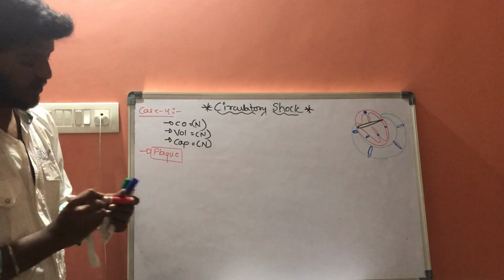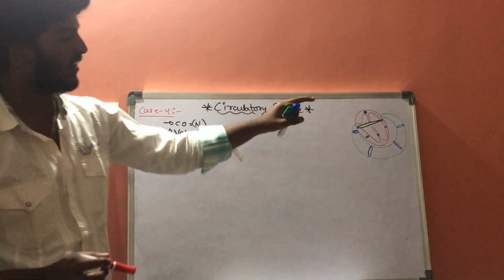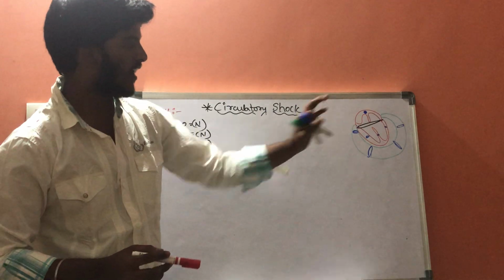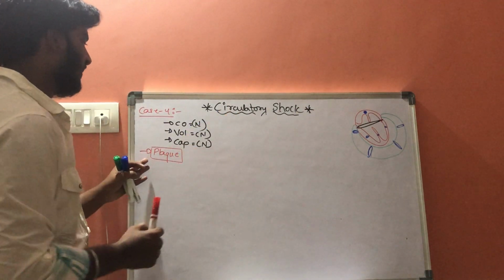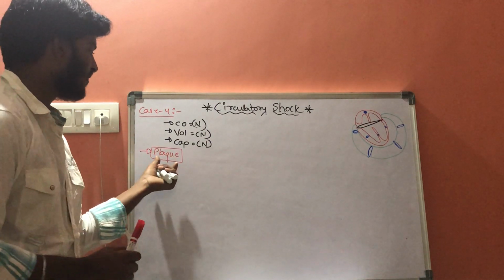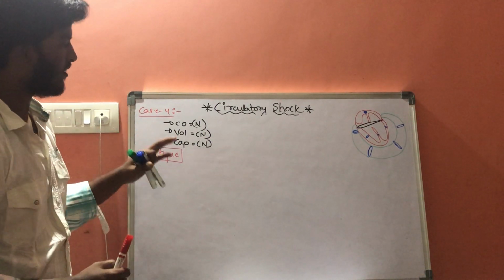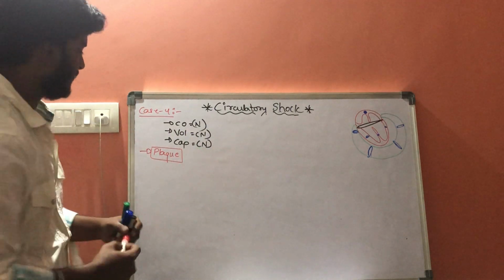Now, because of the presence of plaques within the circulatory system or heart, the shock which arises because of obstruction is also called obstructive shock.